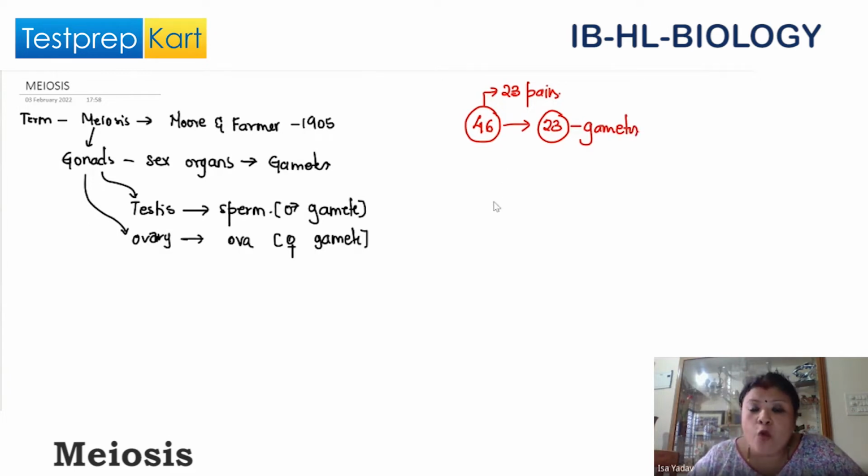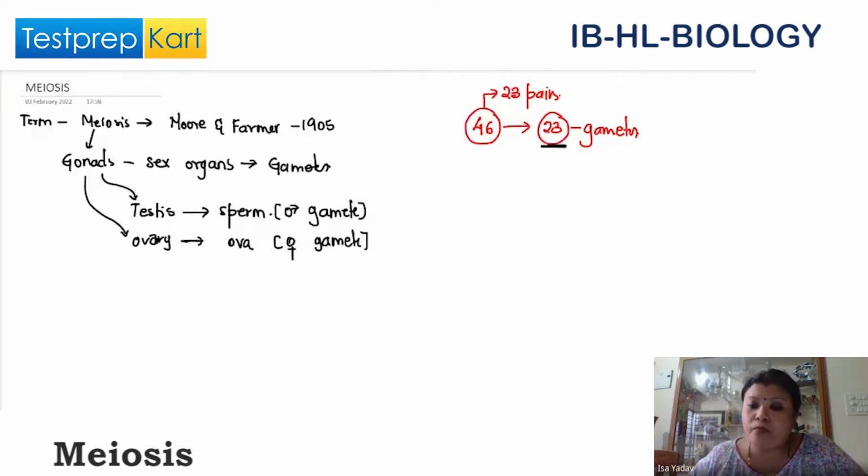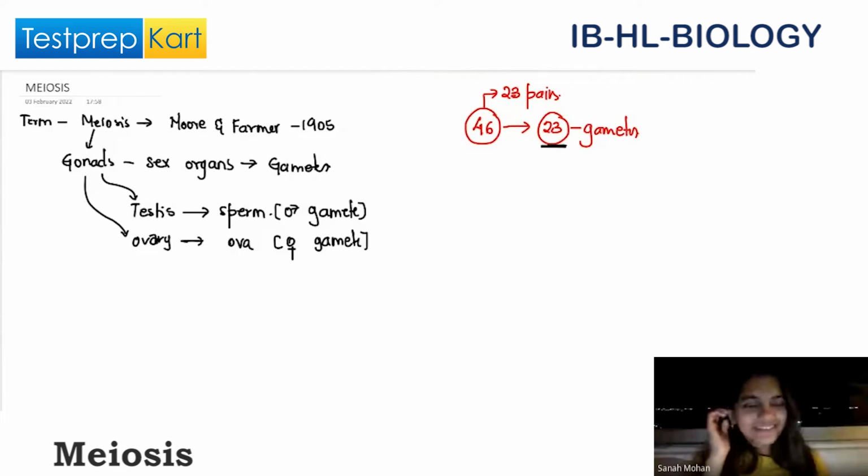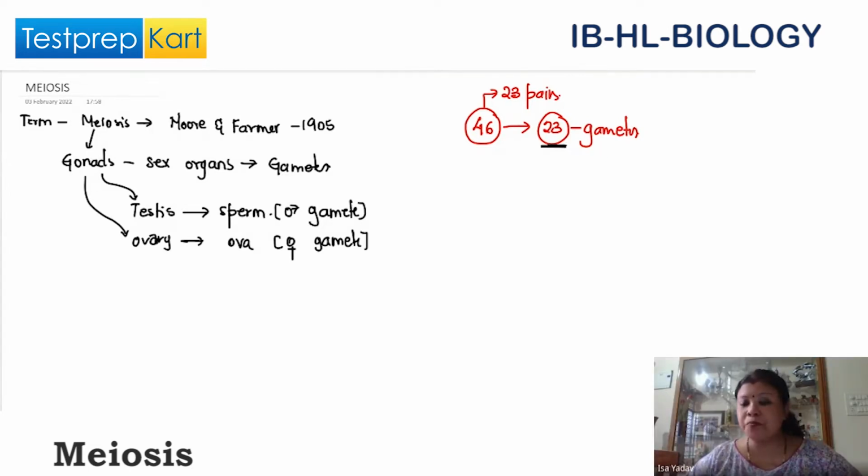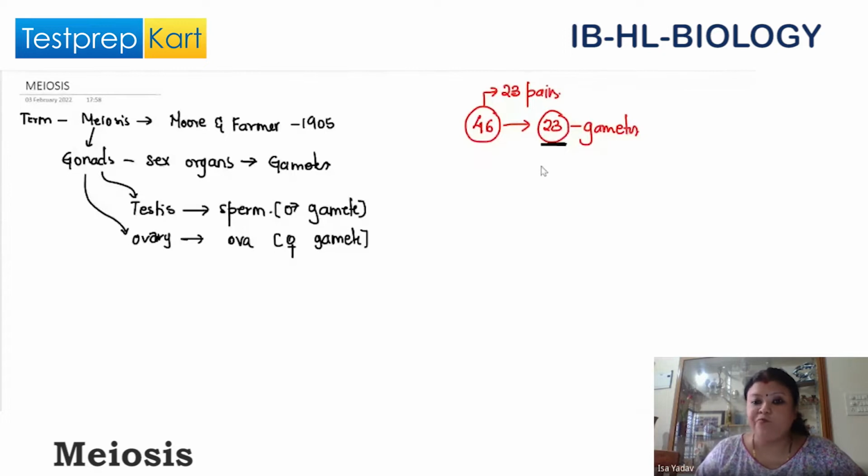Now, can you tell me why gametes have half the number of chromosomes? Because, see, male parent, female parent, chromosome number is 46.